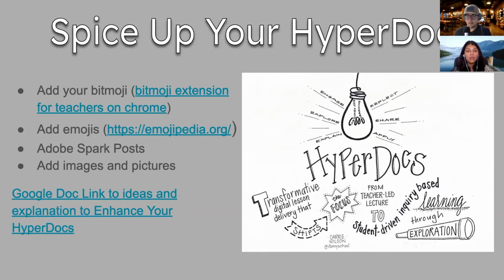So that Google Doc link goes into some more ideas and has a written explanation of them, and also links to different ways that you can spice up your HyperDoc and give your students' eyes something to look at. Because learning isn't just words on a paper. Pictures really do help our brain organize and develop that knowledge, because our brain works with visual imagery as well.